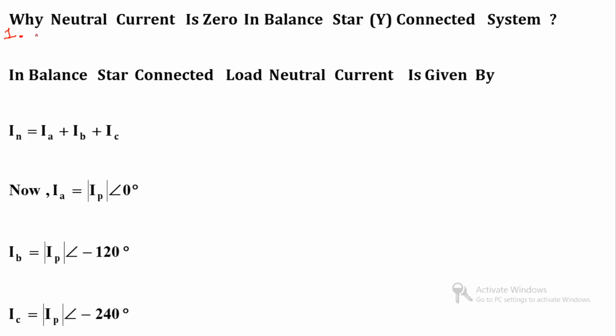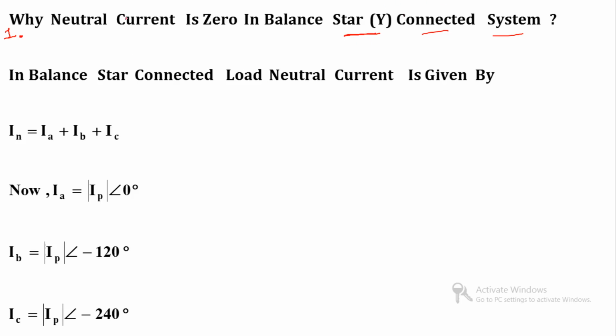So, what is that question? Why is the neutral current 0 in a balanced star connected load? The main question behind the per phase analysis is this: why is the neutral current 0 in a balanced star connected load?